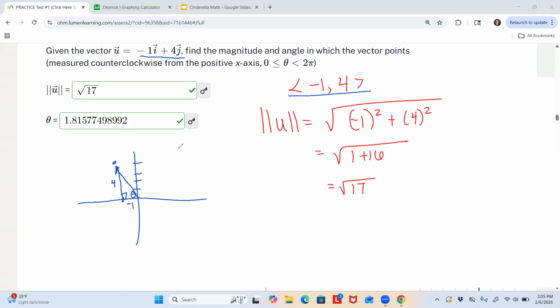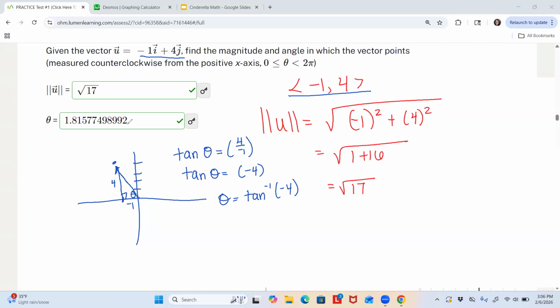So SOHCAHTOA, the tangent of our theta is the y value, the 4 over the x. So 4, negative 1. So we have tangent is negative 4. Take the inverse tangent. So theta is inverse tangent of negative 4.